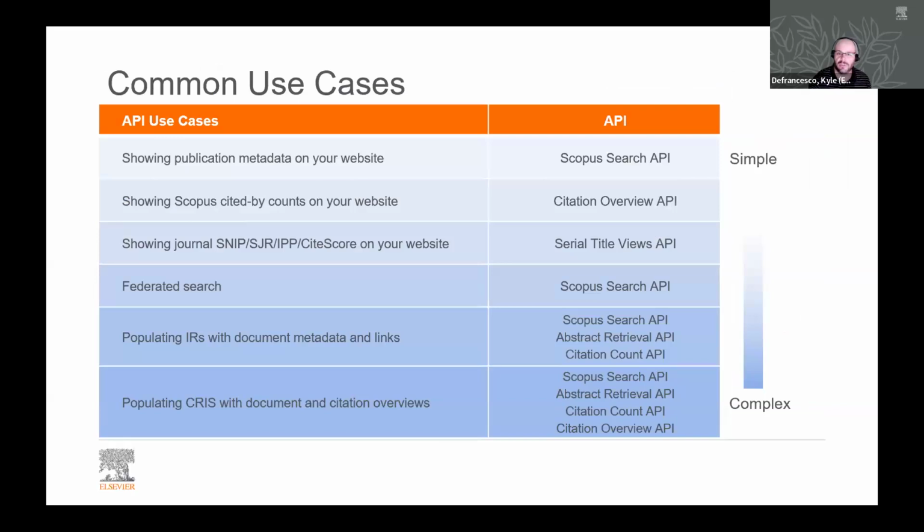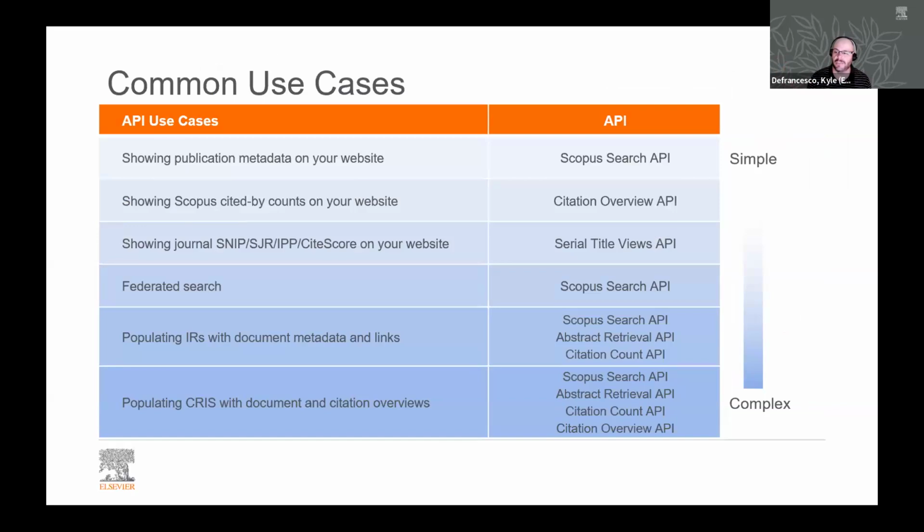So looking into some of the more common use cases, they range from simple to more complex, as you can see based on the chart here. Authors can show Scopus publications on their webpage, or an institution can showcase institutional output. Another is to show Scopus cited-by counts on a website. An example would be an online CV.